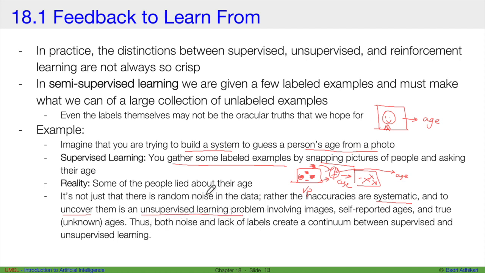We can cluster these pictures into various clusters and try to identify people who may have inaccurately reported their ages, and we can throw them out of our data set or do something about them and then continue our supervised learning. So this is how we may see the overall problem as first unsupervised learning and then later supervised learning, and it becomes semi-supervised learning overall.